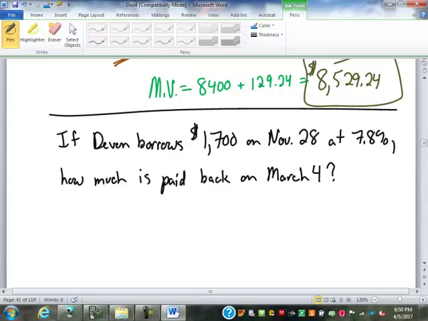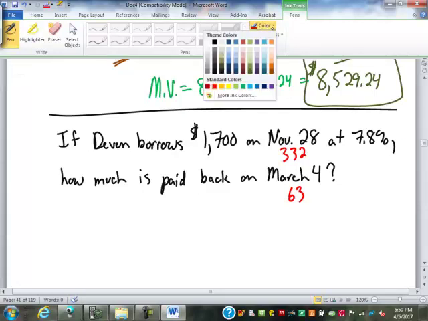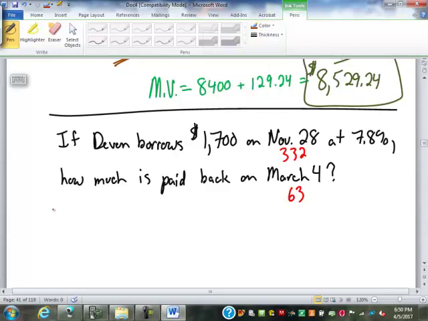First thing, table in the book. November 28th is what day of the year? 332. March 4th? 63. Okay. Now these are in different years. So I'm going to go November 28th to the end of the year and then up to March 4th.